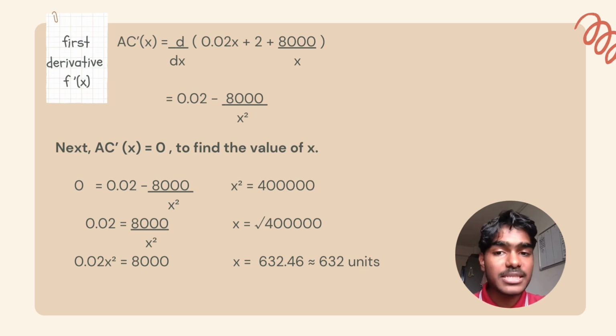So we have to set the first derivative equal to 0. 0 equals 0.02 minus 8,000 per x squared, which is our first derivative, and we will get x equals 632.46, which is approximately 632 units.